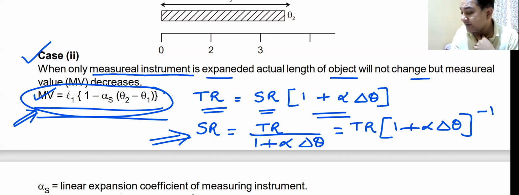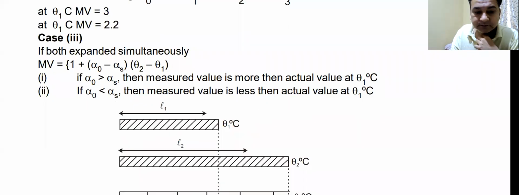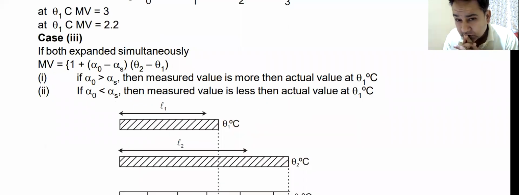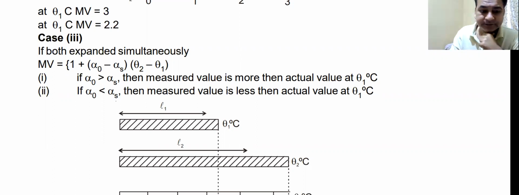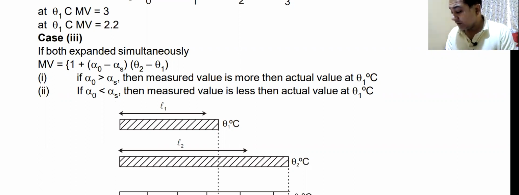Okay. What would be case number 3? Both are expanding. Now, can you tell me what would be the formula in this case? I'll give you a minute. Think about it and tell me what will be the formula in this case.